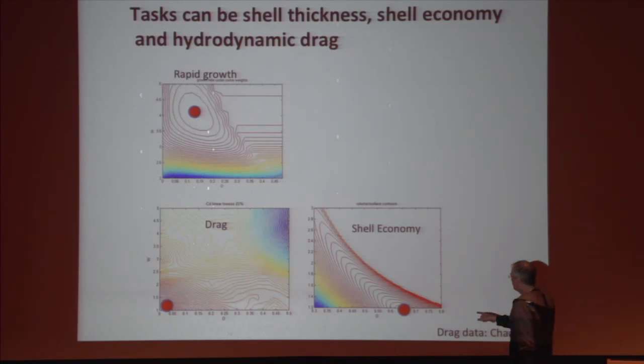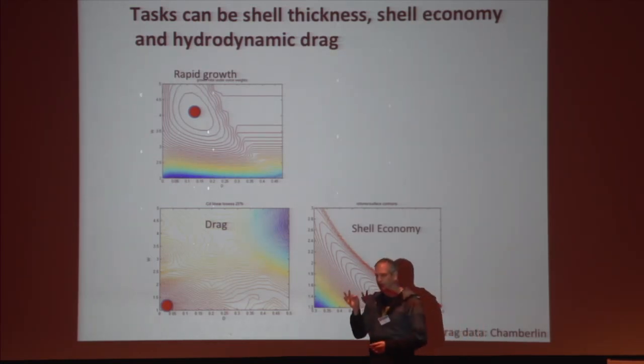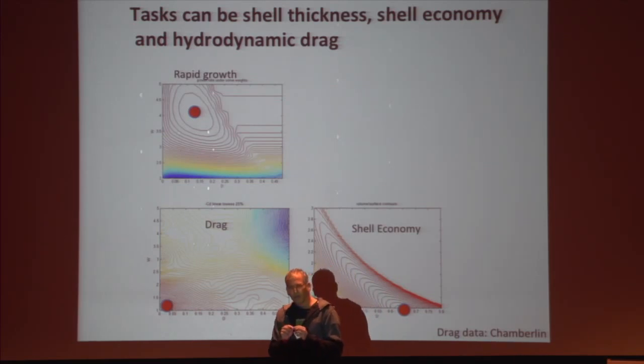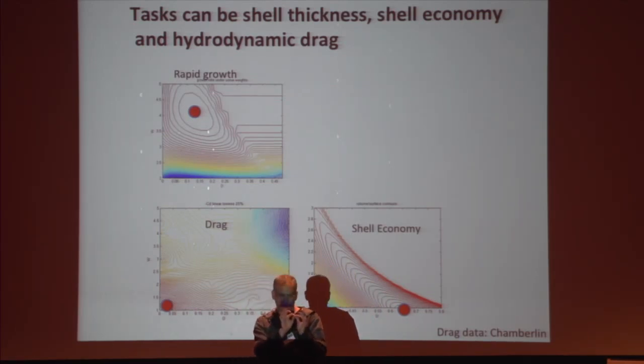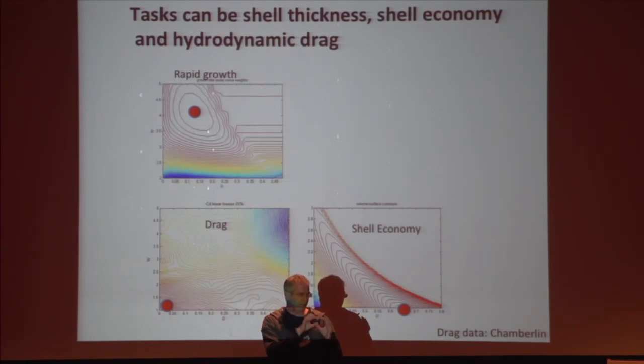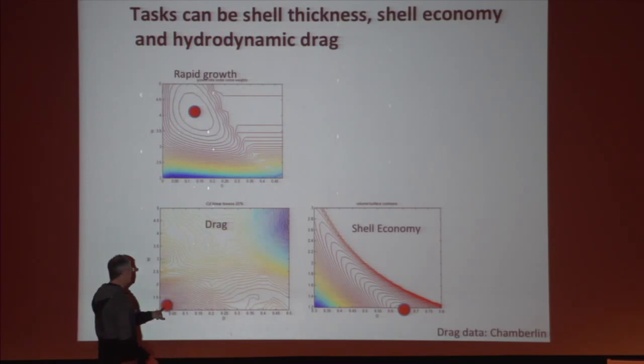And you can look at the shapes, and they're simple enough to actually make hypotheses about what the task might be. So the rope one is really close to the point you can calculate of maximum volume per shell material, because the shell has a constant thickness per radius. So we think that has to do with some kind of economy. And drag is the other archetype.